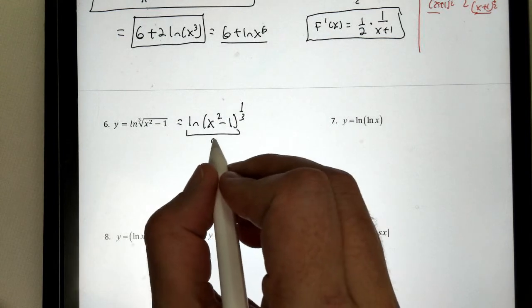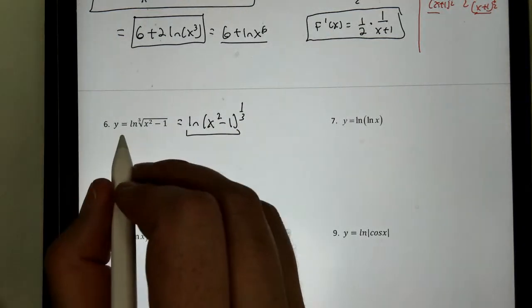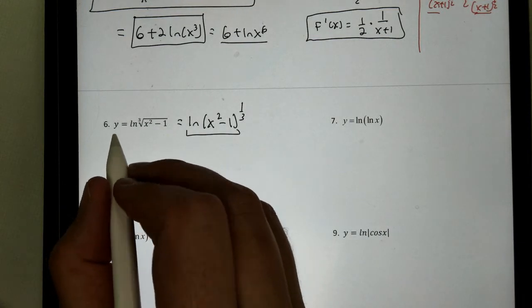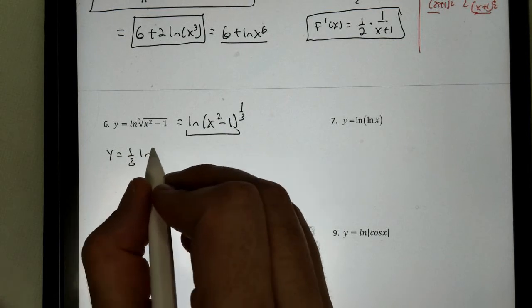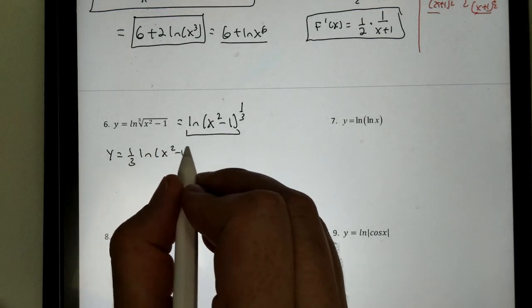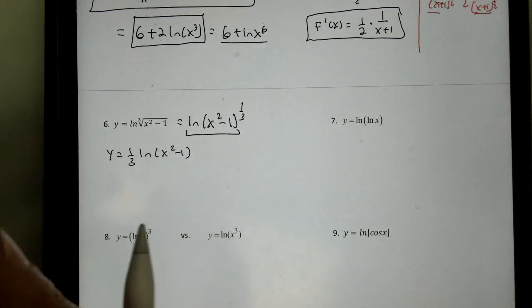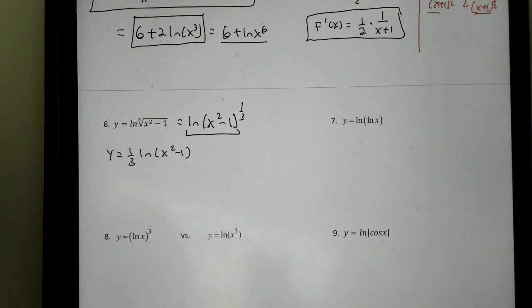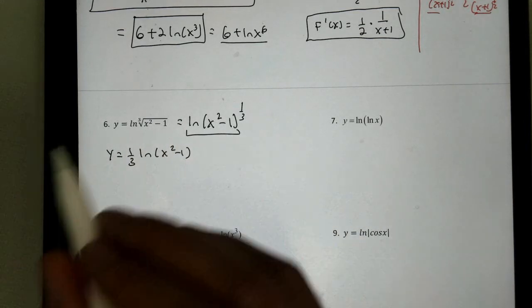If I were to take the derivative now, it's pretty ugly. So I am going to rewrite this as 1/3 the natural log of x squared minus 1, and I get rid of that exponent. That exponent creates a chain rule for us, which is a mess. We don't like that. So instead, this makes it a little bit easier for us.